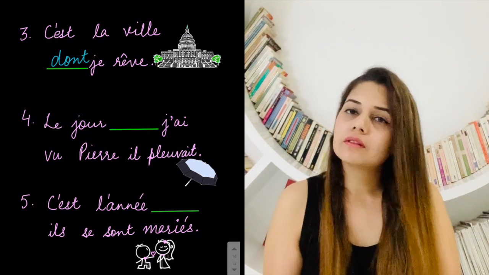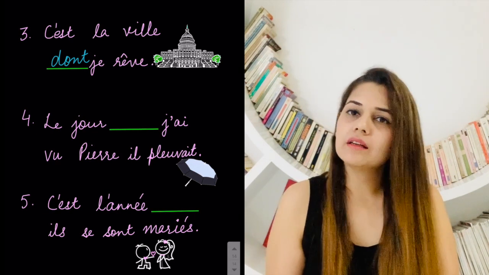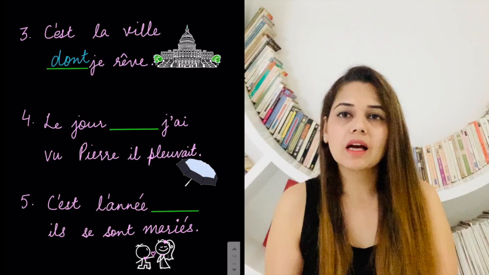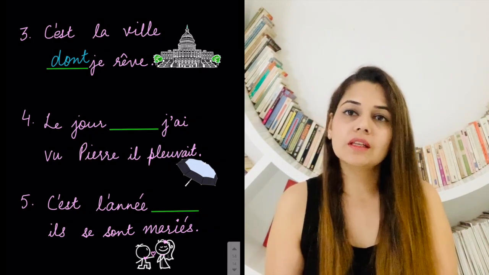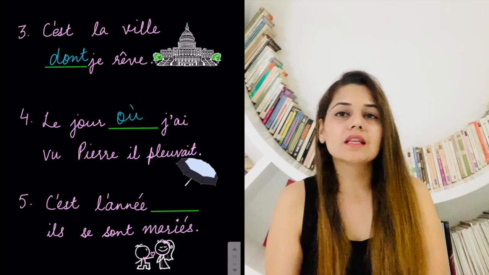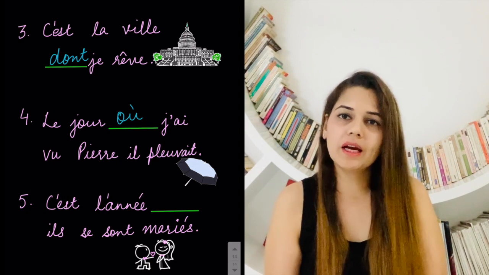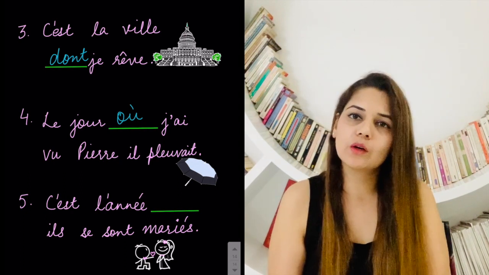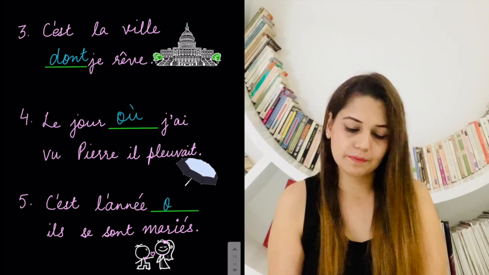Le jour où j'ai vu Pierre, il pleuvait. The day I saw Pierre, it was raining. So we'll be putting où. Next one. C'est l'année où ils se sont mariés. This is the year when they got married. So we'll be placing où to connect.